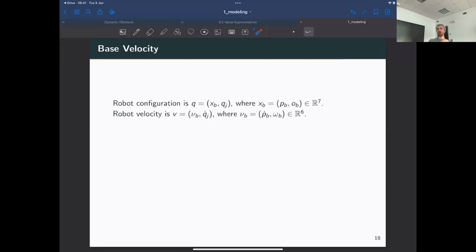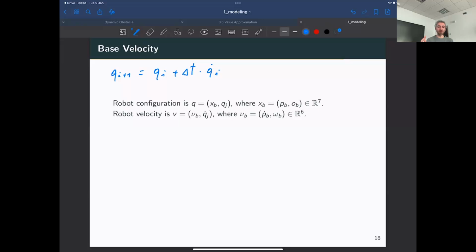If you want to do an integration in time, before you could just do the next value of q, q_{i+1} equals q_i plus delta t times q dot_i, to do a forward integration in time. And now you can no longer do that because q and q dot have different sizes.